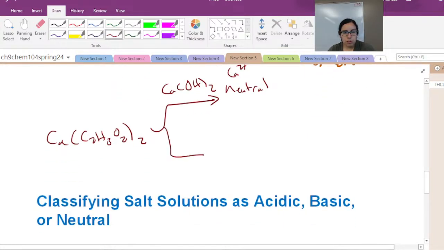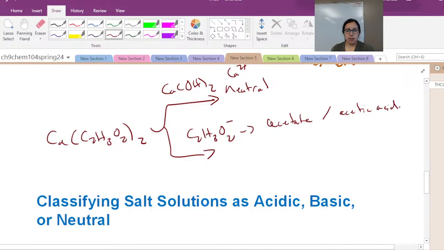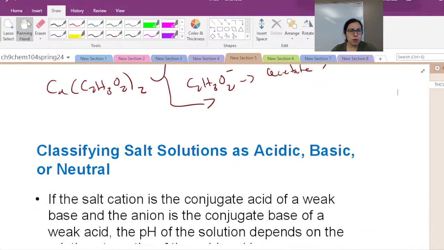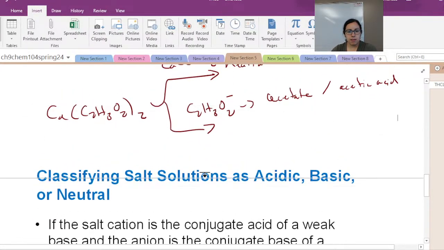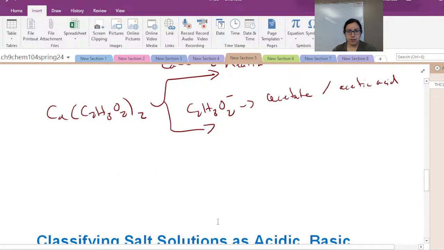Then we look at our acetate, and we can remember that acetate comes from acetic acid. Again, we want to emphasize what it's going to be doing and see how it creates a basic solution.